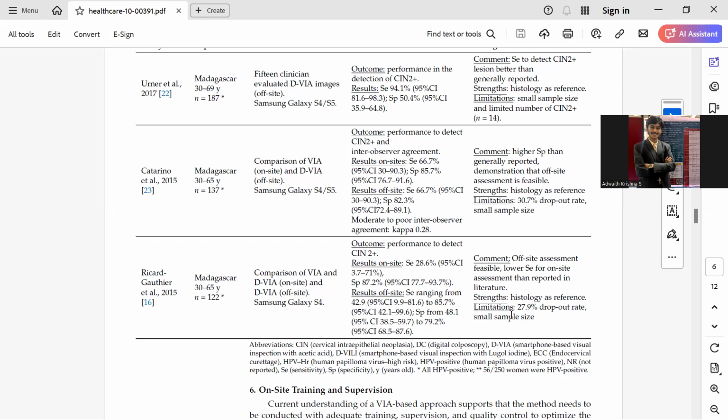And there was a dropout rate of 27.9%, which is given as a limitation. But this is fine, as it is an earlier study, and the sensitivity ranged from 42.9 to 85.7%. And lower sensitivity was seen for on-site assessment than reported in literature.